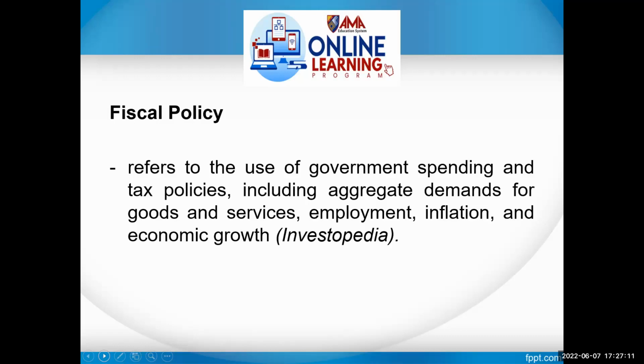Again, according to Investopedia, a website on the internet that is specifically used for explaining financial matters, fiscal policy refers to the use of government spending and tax policies to influence aggregate demand for goods and services, employment, inflation, and economic growth.